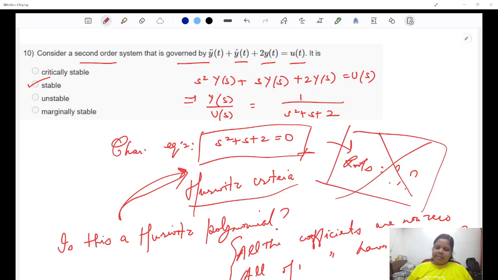That we'll see in the next lecture definitely. But for first and second order system, you don't need to construct Routh's array. You can directly answer from here whether it is a Hurwitz polynomial or not. If it is a Hurwitz polynomial, it's going to be stable for sure. Okay.